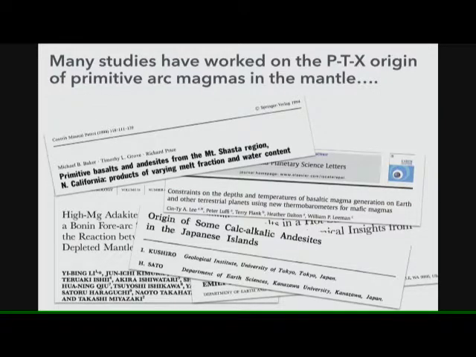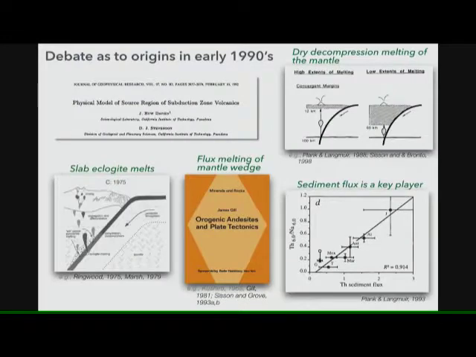So there have been lots of studies on what produces these primitive basalts. This is a long history of work that goes back to the 60s, really, when we started doing a lot of this work, and there's been a lot of important work on it since then.